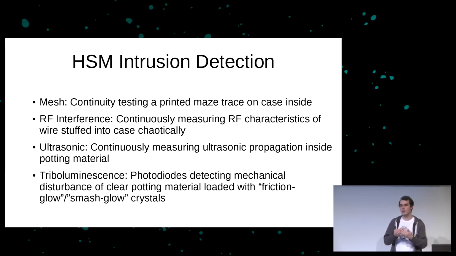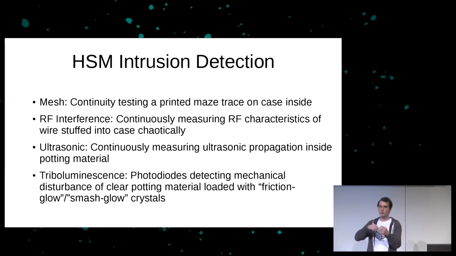I could also imagine using some kind of ultrasonic measurement. You have a potted device, and on the main circuit board you have a couple of small ultrasonic piezo transducers, and you are sending ultrasonic through the potting material and measuring if that response changes at all.